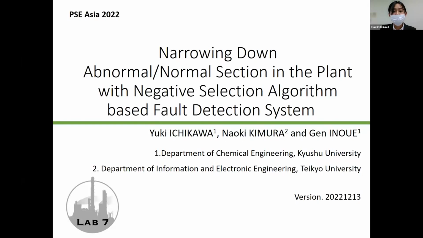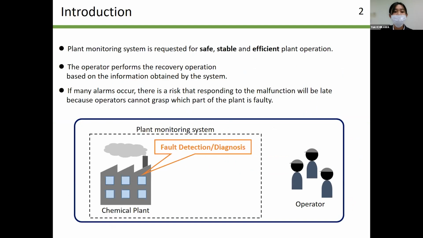Now I start my presentation with this title: Narrowing down abnormal normal section in the plant with negative selection algorithm based fault detection system. In chemical plants, a monitoring system is required for safe, stable, and efficient plant operation.